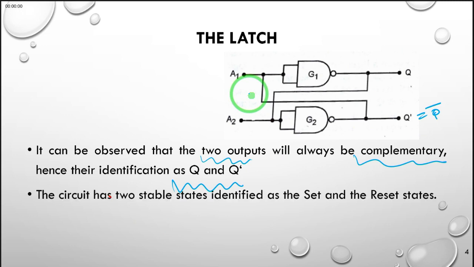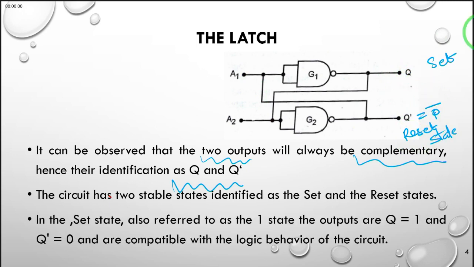And the circuit has two states that we can denote by Q and Q bar. In the set state, also referred to as the one state, Q is 1. So we say our latch will be set when Q is 1, and at that point Q bar is 0. It is in the reset state when Q is 0 and Q bar is 1.